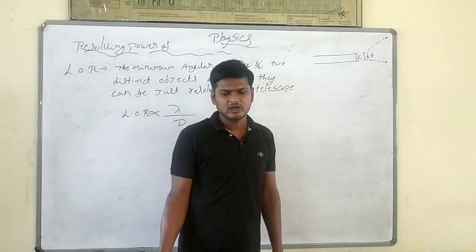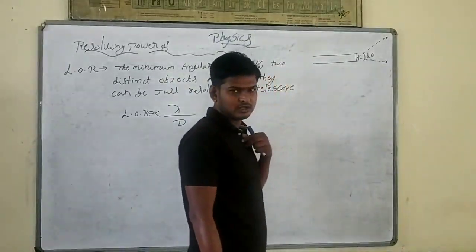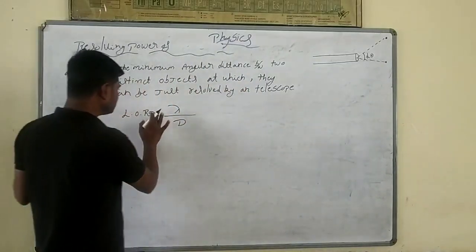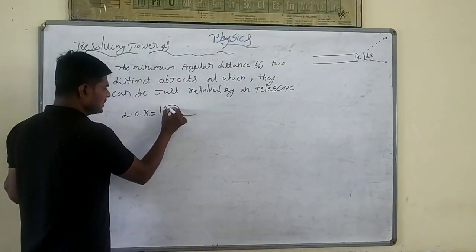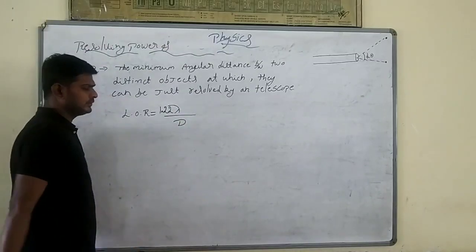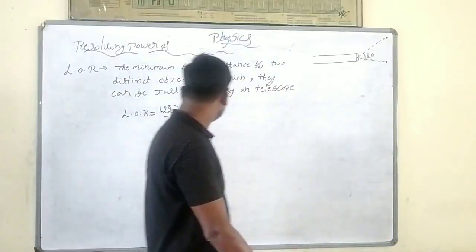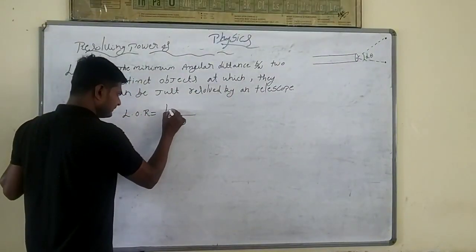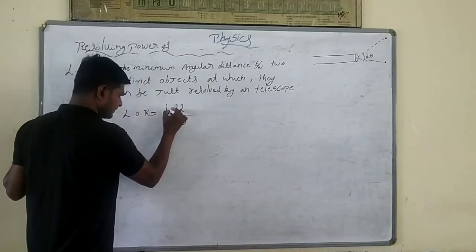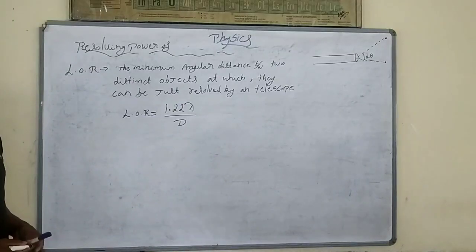The proportionality constant we take is 1.22, so it is 1.22 lambda divided by capital D. This is 1.22 lambda divided by capital D.